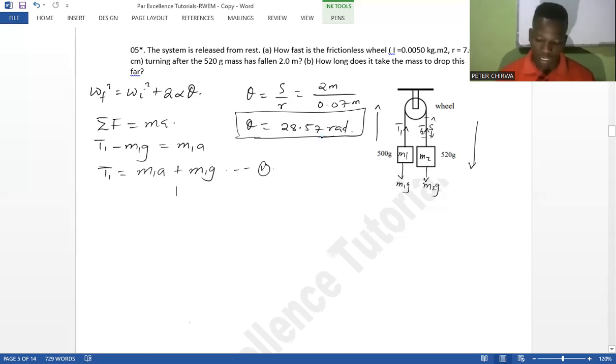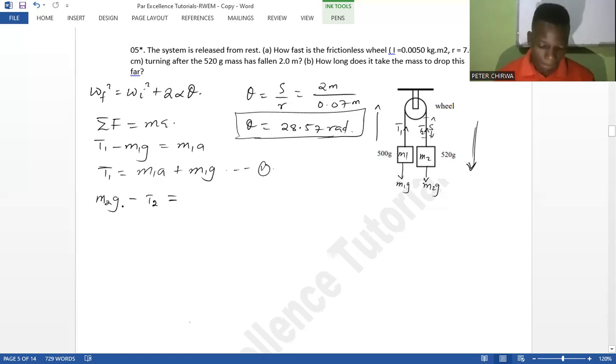All right, so now, having done that, we do the same also for the mass 2. So mass 2 is going downwards. So what we have is the weight minus the tension. The weight of this mass minus the tension 2 equals. So the tensions are not the same. Please, the tensions are not the same. So don't make such an assumption.